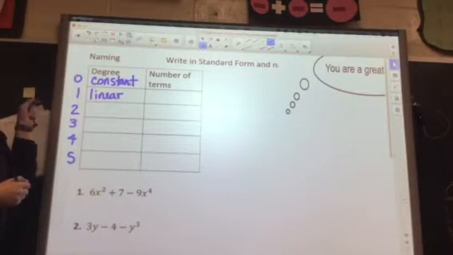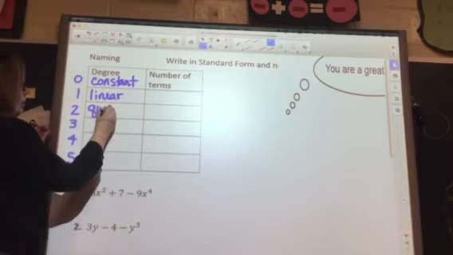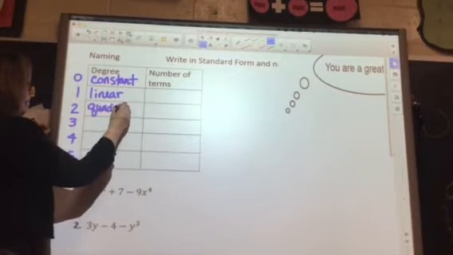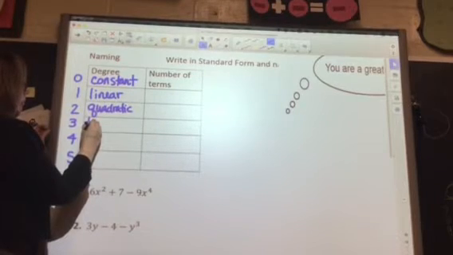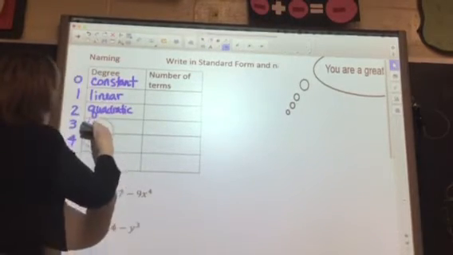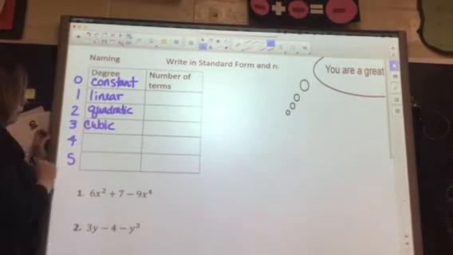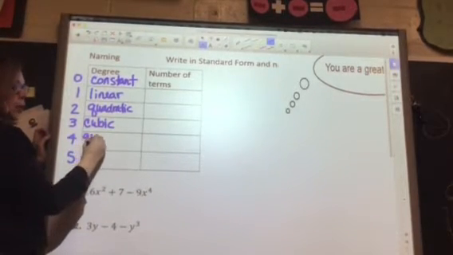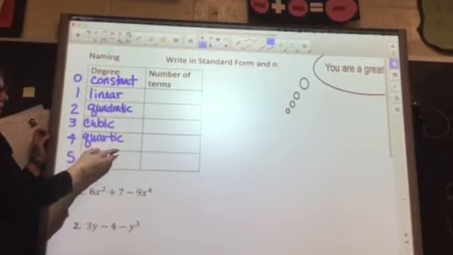Linear, 1 degree. 2 degrees is called a quadratic. 3 degrees is called a cubic. 4 degrees is called a quartic, Q-U-A-R-T-I-C.